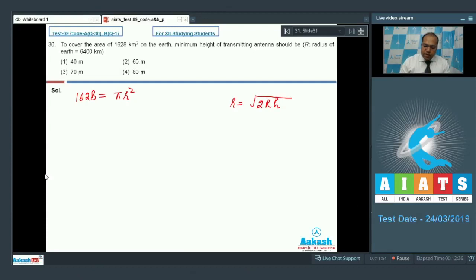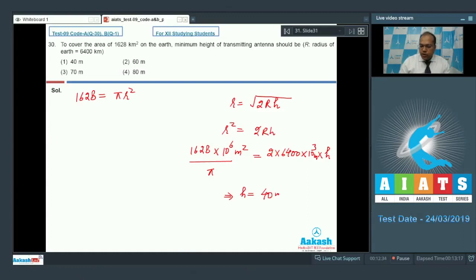So if I substitute the data here, r square is equal to 2 into R into h, or r square can be replaced from here, that is 1628, it is given in kilometer square, so that is 10 raised to the power 6 meter square divided by pi, and this is equal to 2 into R, that is 6400 kilometer can be written in terms of meter, into h, this is meter. So if I solve this, the value of h comes out to be 40 meter. So option 1 is the correct answer.